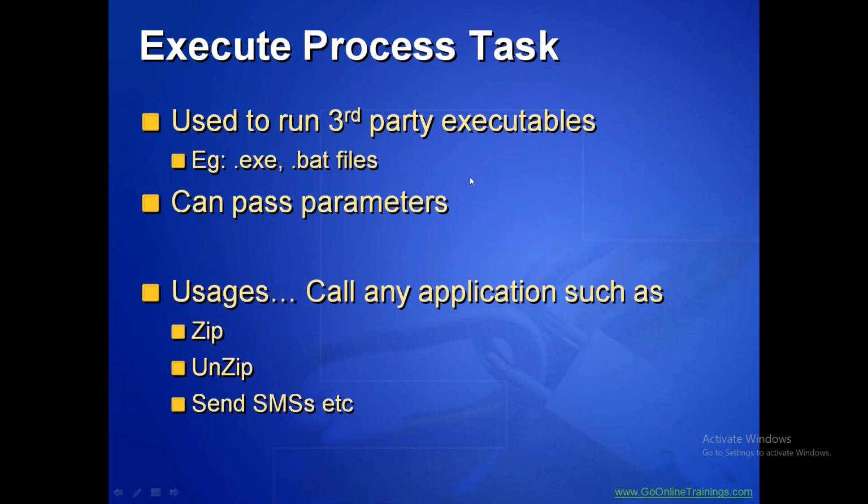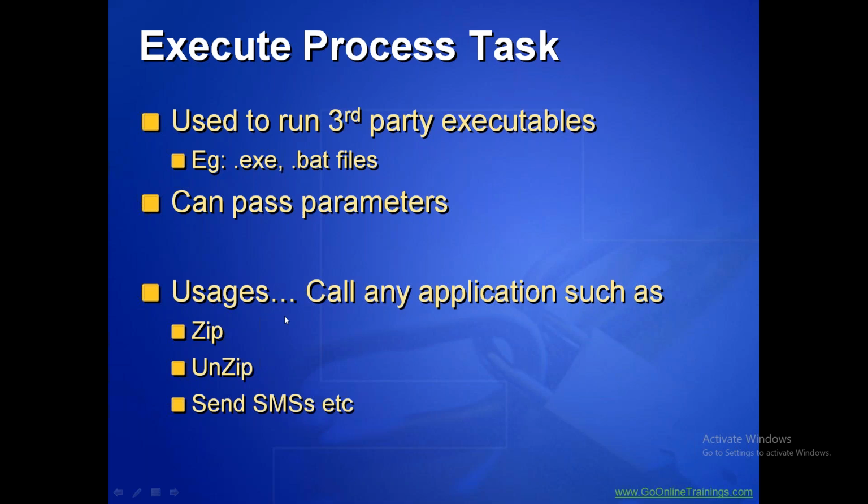So this is what we can run. Any .NET application, if you wanted to call, you can call. Any Android application, if you wanted to call, you can call. Any other batch files, if you wanted to call, you can call. So this is there to execute other applications.